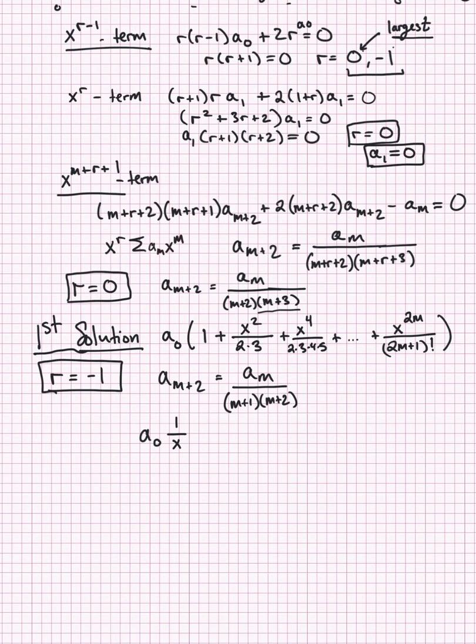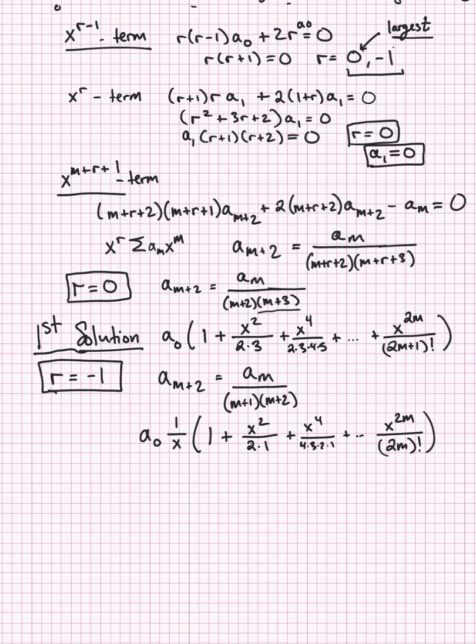So I have this 1 over x in front, and then I get 1 plus x squared over 2 times 1, plus x to the 4th over 4 times 3 times 2 times 1. And generally, I'm getting x to the 2m over (2m) factorial.